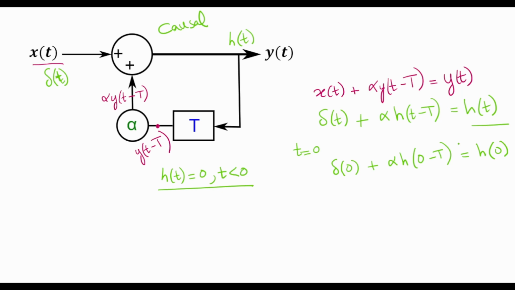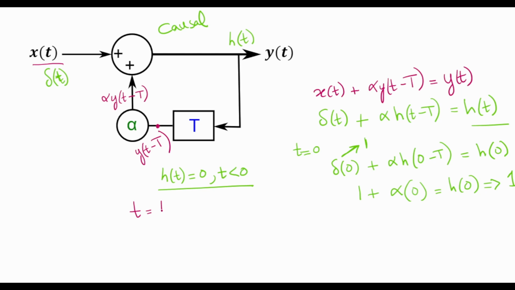Putting t equal to 0, because we know the impulse response has to start at 0 since this is a causal system, and delta t only exists at 0, we get from this equation 1 plus alpha times h of minus T, which would be 0 because the impulse response has to be 0 for t less than 0. So alpha times 0 is equal to h of 0. And from here I get h of 0 equals 1.